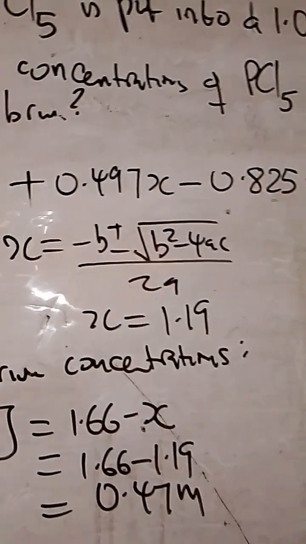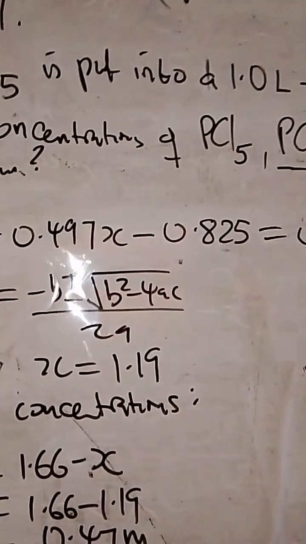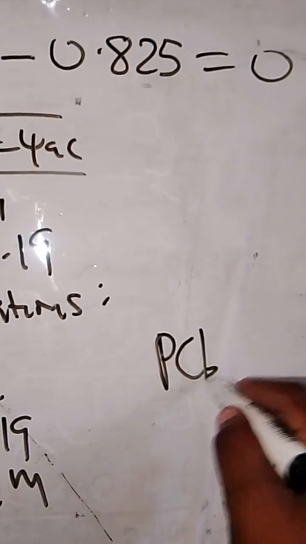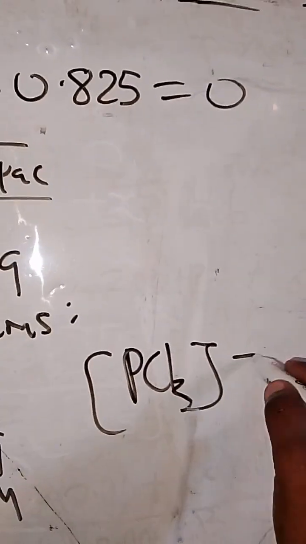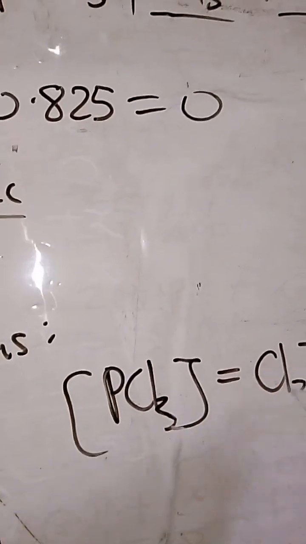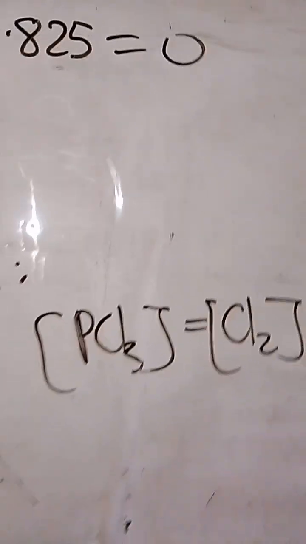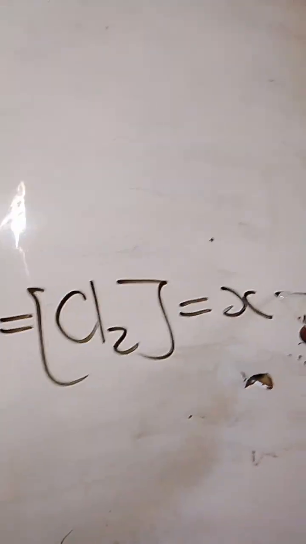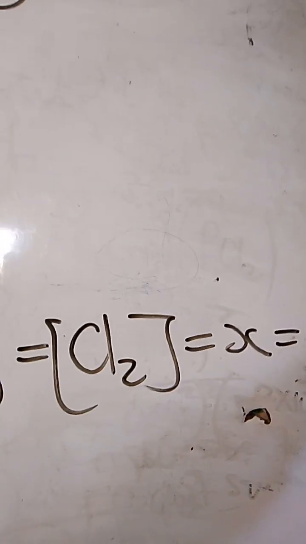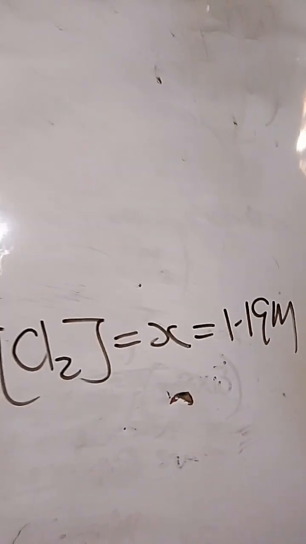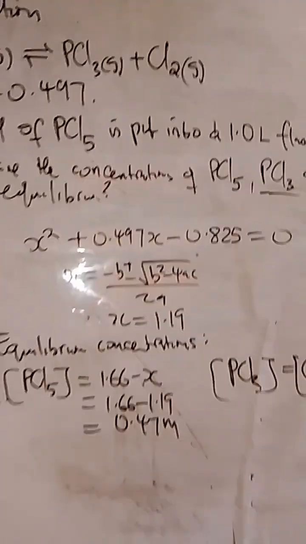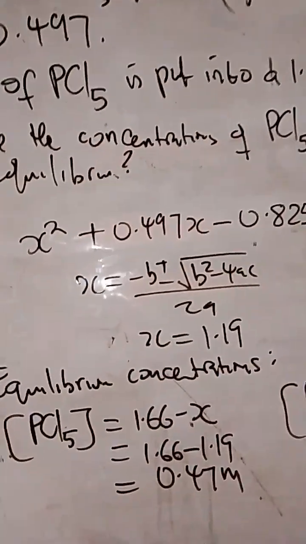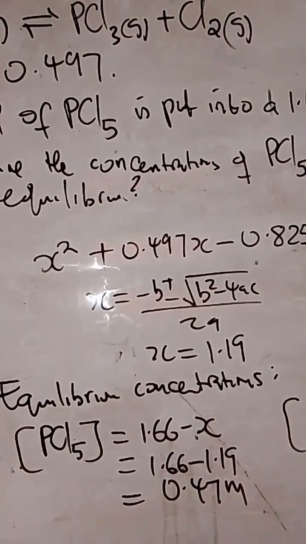Then for PCl3, PCl3 is equal to chlorine, which is equal to X. So for these two, the concentration is 1.19 molar.